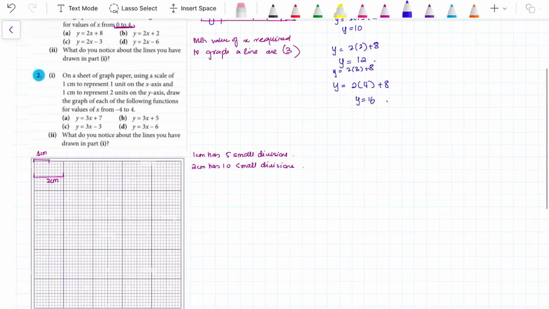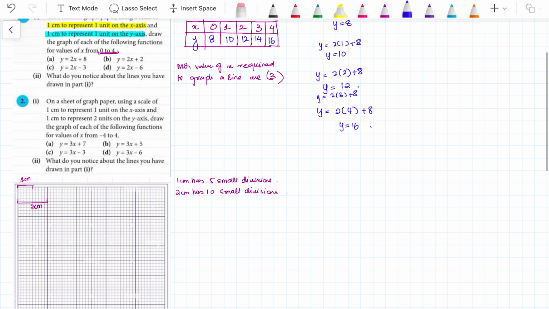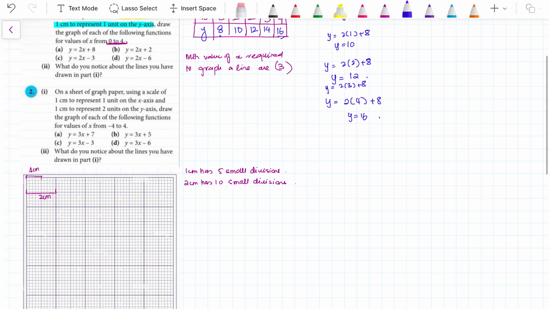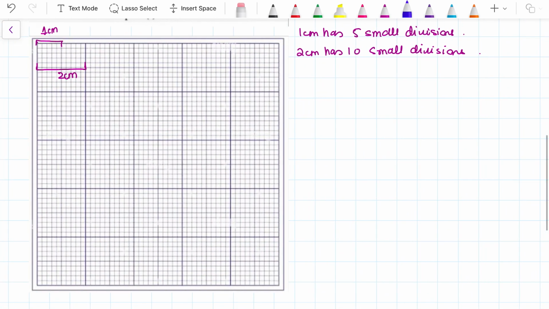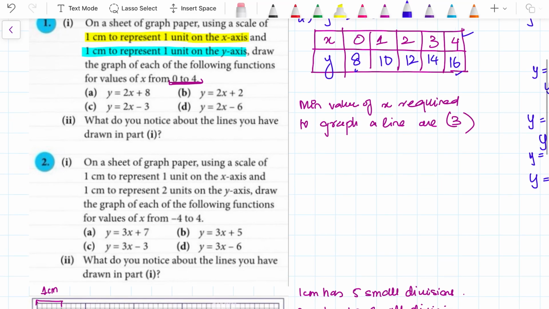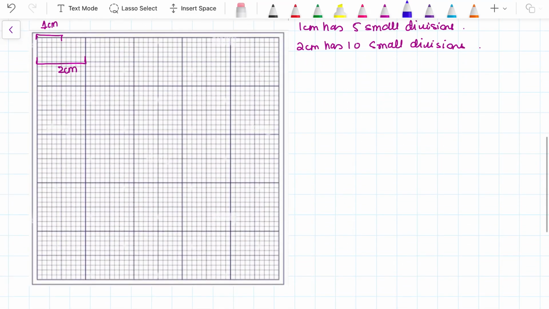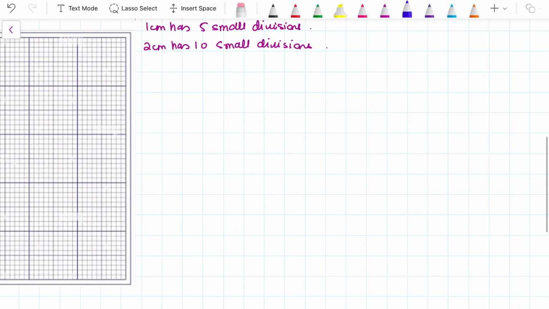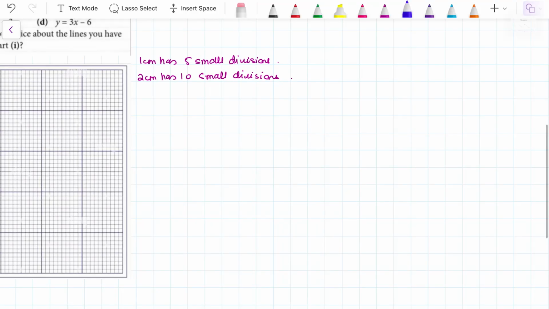Now let's put it on the graph. How do we put it on the graph? We know that the smallest value of x is 0 until 4. The smallest value of y is from 8 till 16. So let's do it. They are saying 1 centimeter to represent 1 unit on the x-axis. So this is going to be a small graph for us. So we will draw another graph of our own on this grid. I think on this grid, this is going to be enough for us.